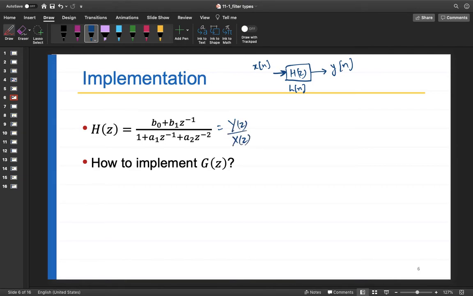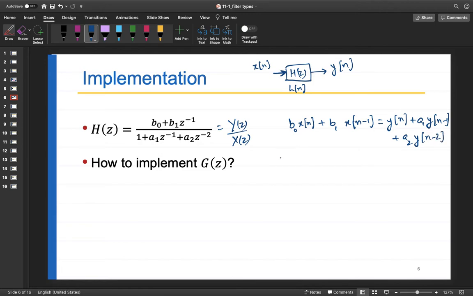right? Now if I multiply X z times b naught, and transform to the time domain also, it becomes b naught x of n plus b1 x of n minus 1, this is equal to y of n plus a1 times y of n minus 1 plus a2 times y of n minus 2.